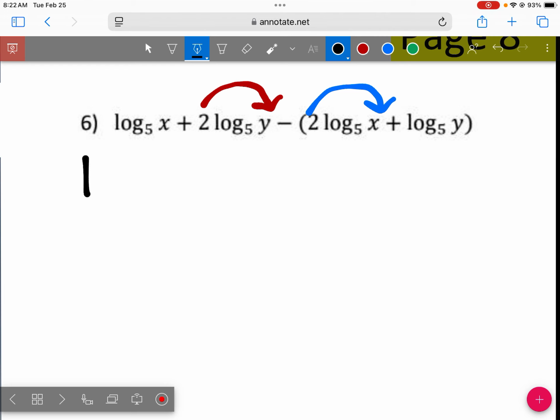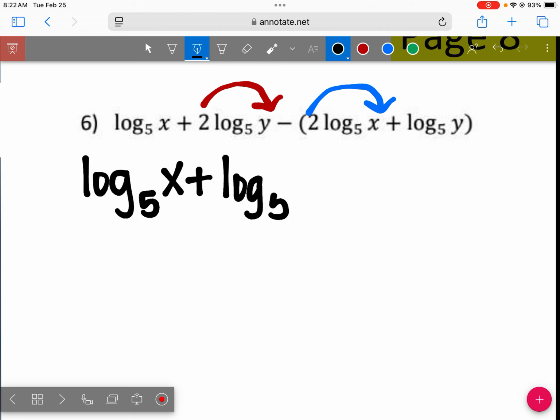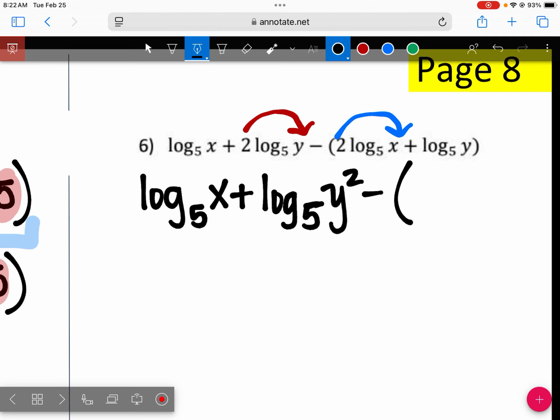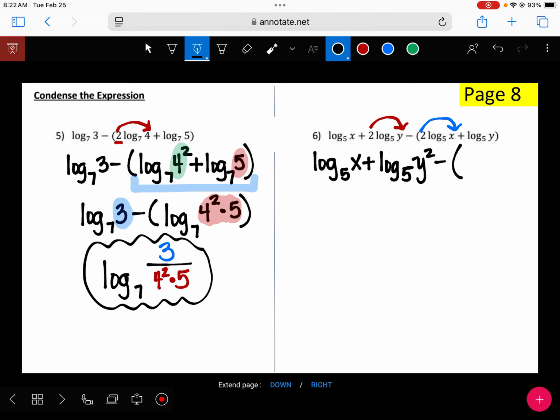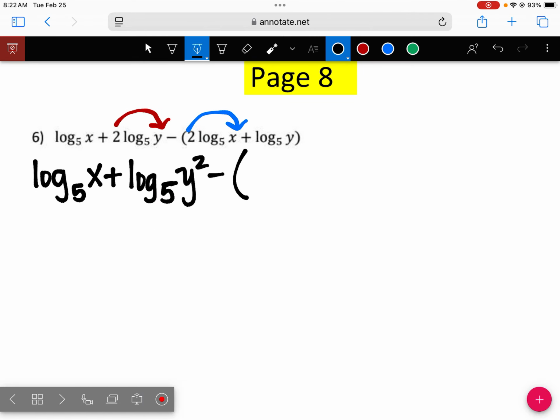So we have log base 5 of x plus the log base 5 of y squared minus, then I'm going to make my parentheses, and then I'll have log base 5 of x squared plus the log base 5 of y.